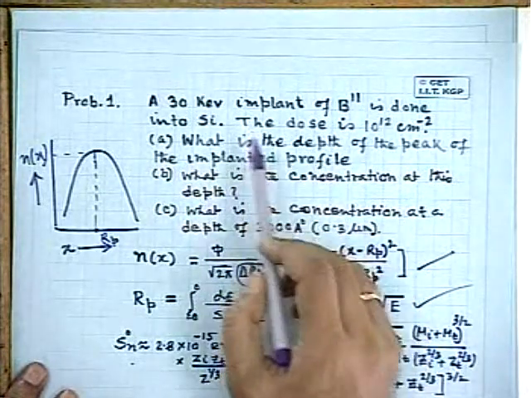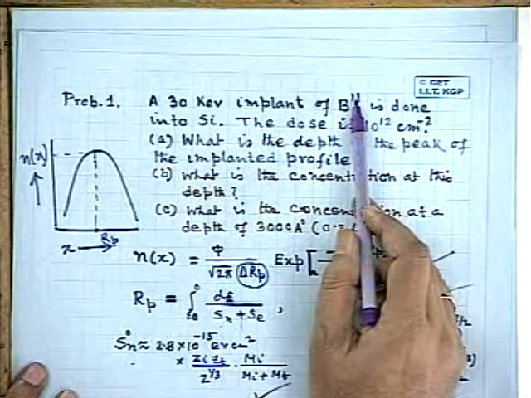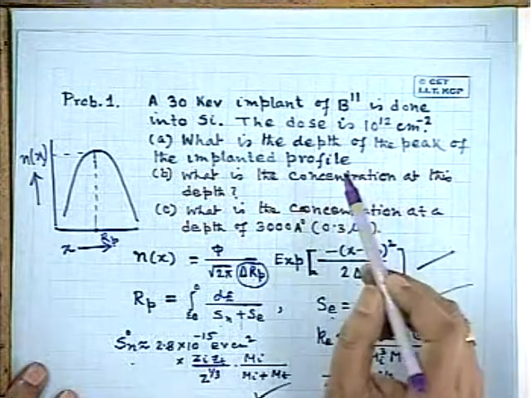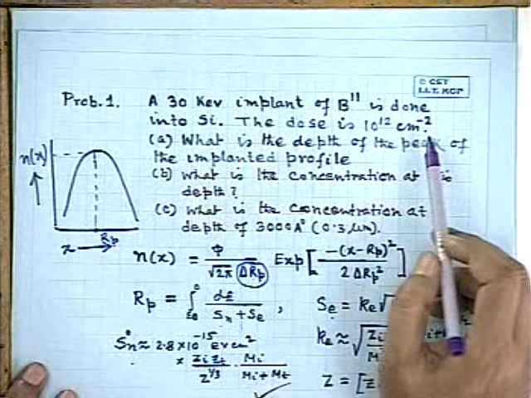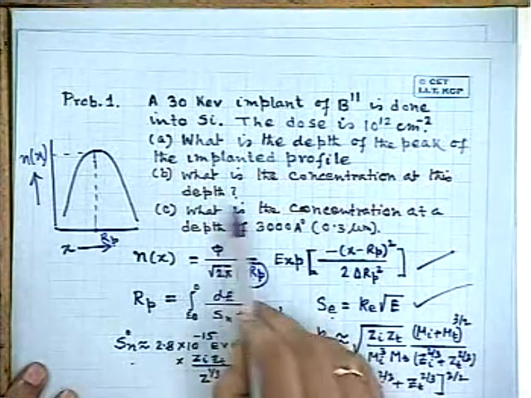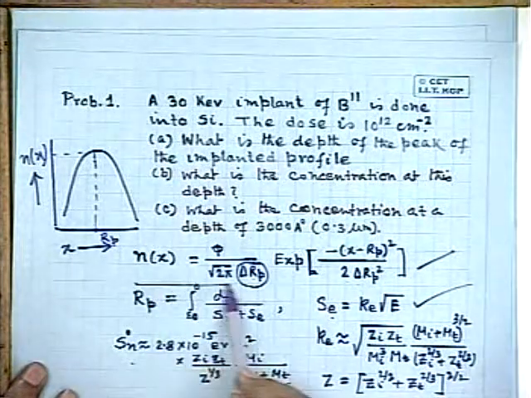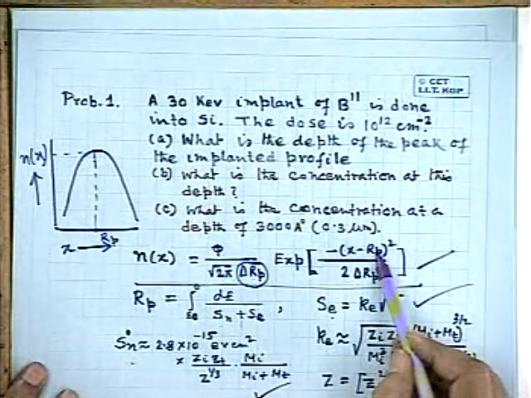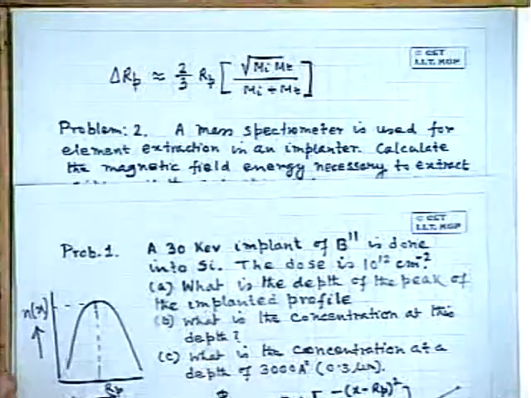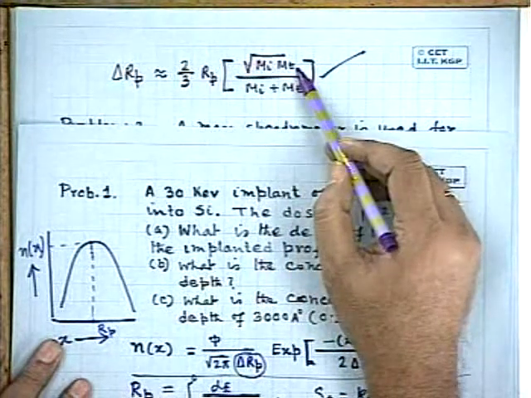So the boron atom mass number is 11, and the Z of boron is 5. So that is known. Now next, if you know the RP value in this expression, you see this expression here, then delta RP you can easily calculate using this relation, because mi is known, mt is known, RP is known.